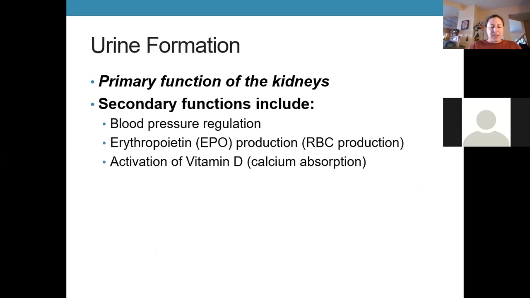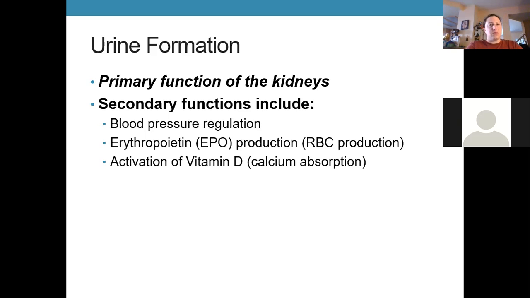So urine formation is really the primary function of the kidneys, but the kidneys do have additional functions. One of the things that's tied very closely to forming urine is blood pressure regulation, which we've touched on a little bit already because we talked about the hormones that can affect blood volume and therefore blood pressure.